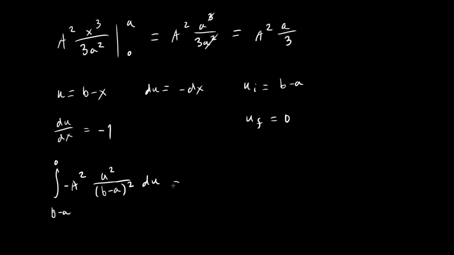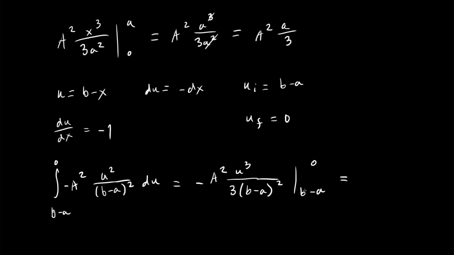Now we take this integral like normal. It will be A squared u cubed over 3 times b minus a squared, from b minus a to 0. We could ignore the 0 case, it will just turn this whole thing to 0.